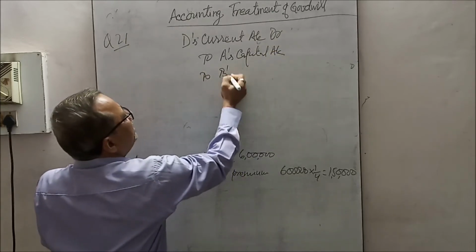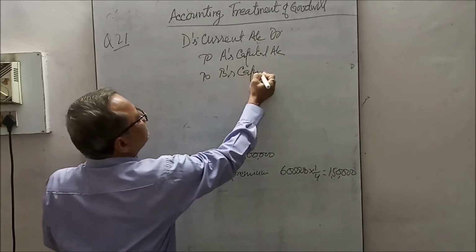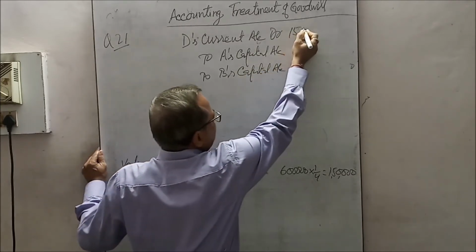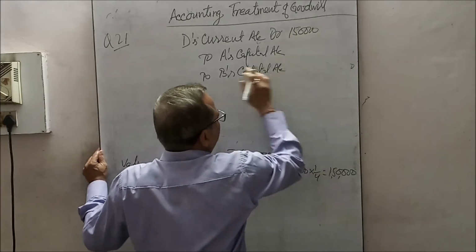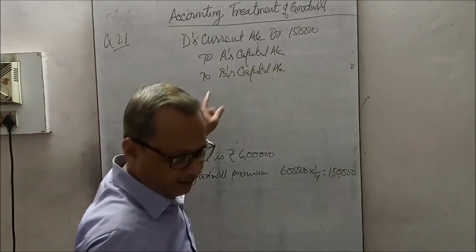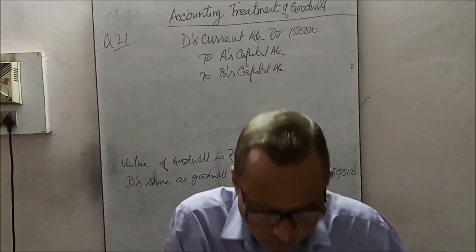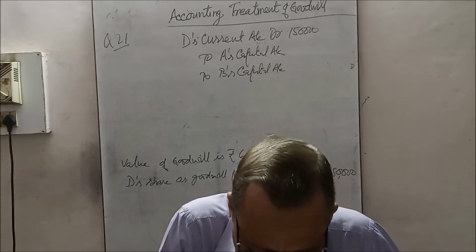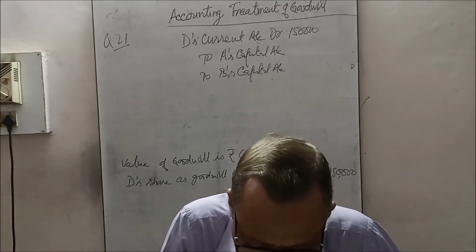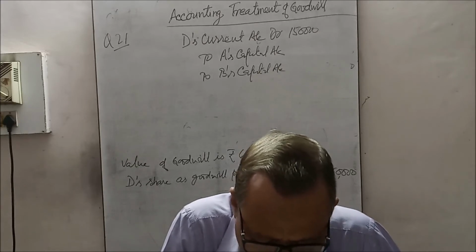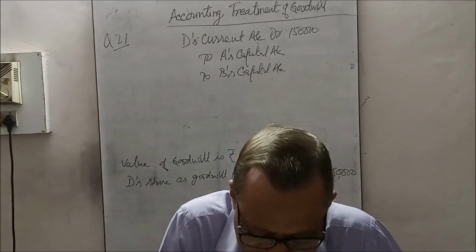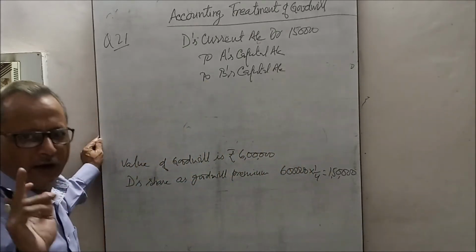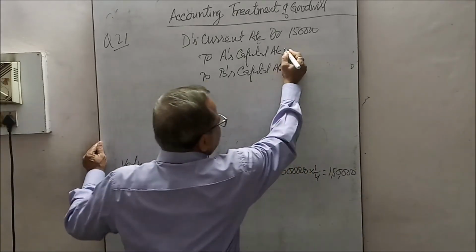This 1,50,000 will be divided between these two partners. Now, in which ratio? As D entered for 1/4 share and he is acquiring from A and B in the ratio of 2:1, the sacrificing ratio is 2:1, that is 2/3 and 1/3.